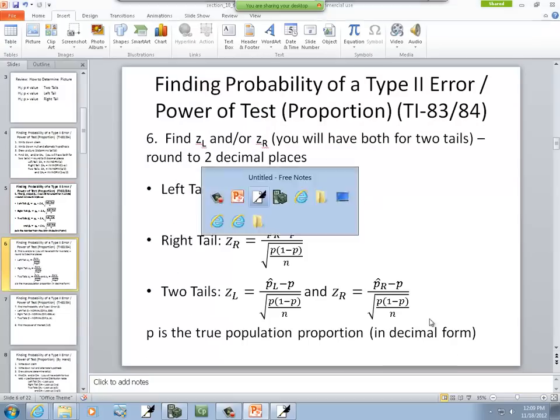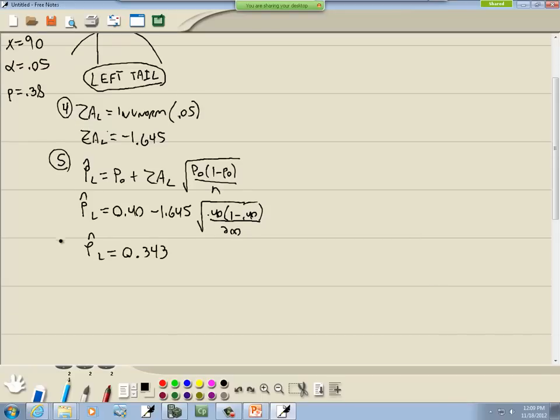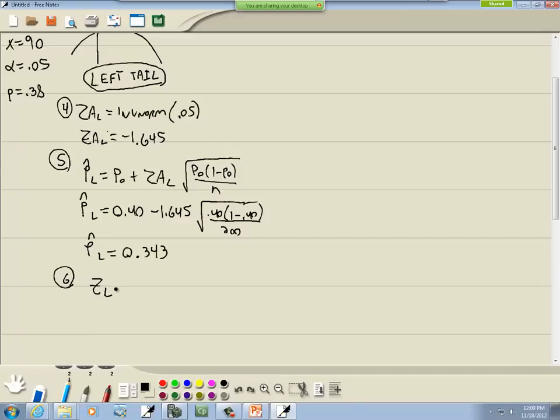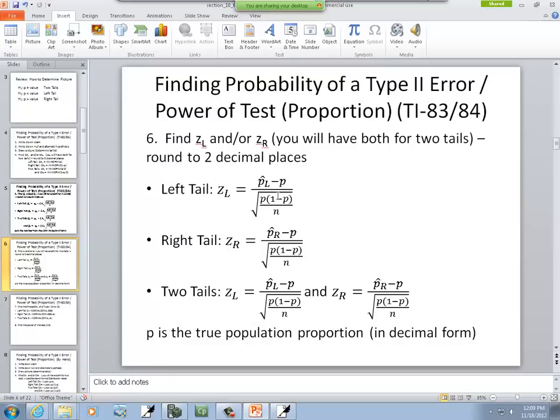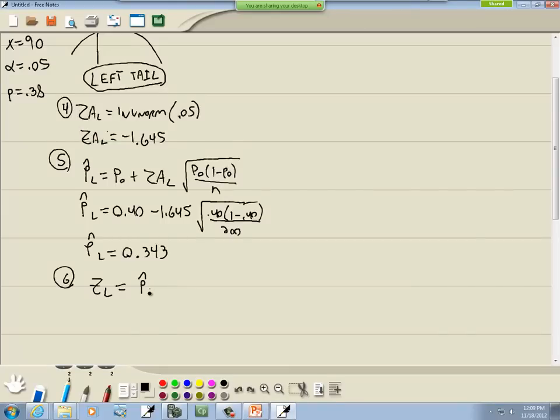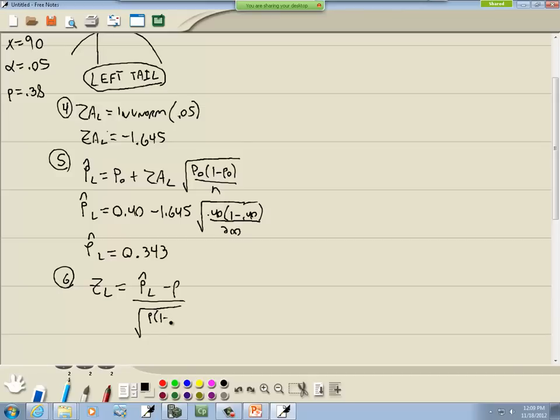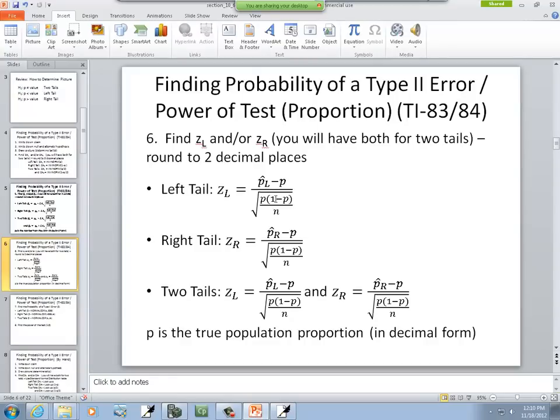Step 6. We got left tail again, so we're going to find Z sub L. And it's based upon this formula. So we got P hat sub L minus P over the square root of P times 1 minus P over N. As you're going through working these problems, you just follow the steps, and it guides you exactly what to do. This says P is a true population proportion in decimal form.